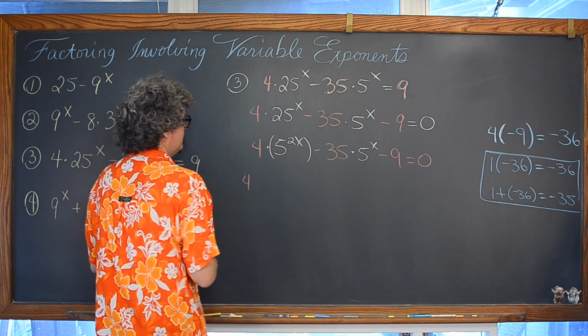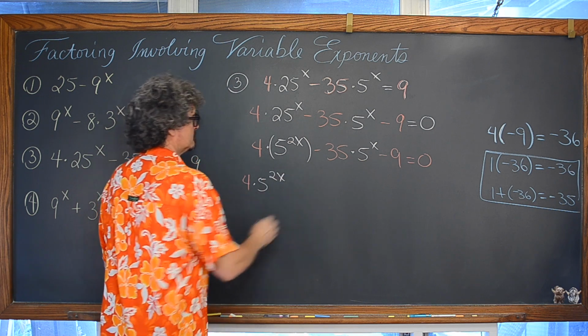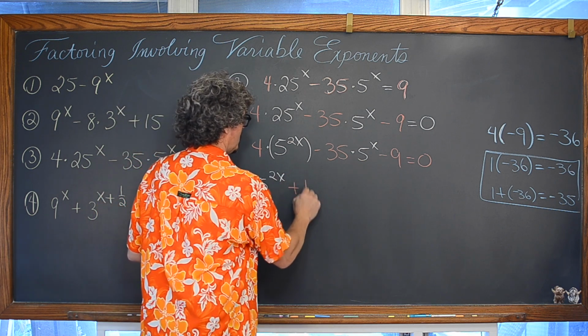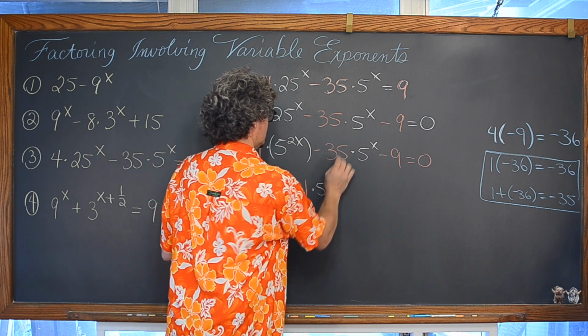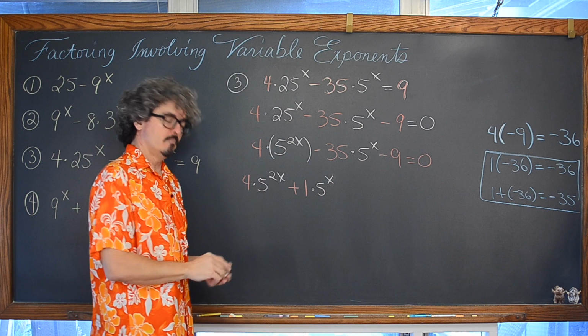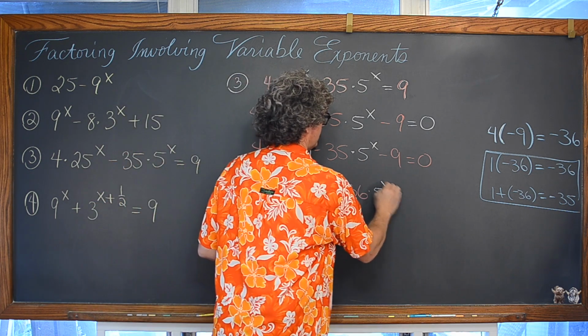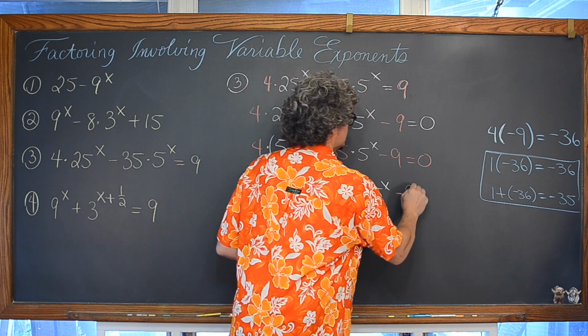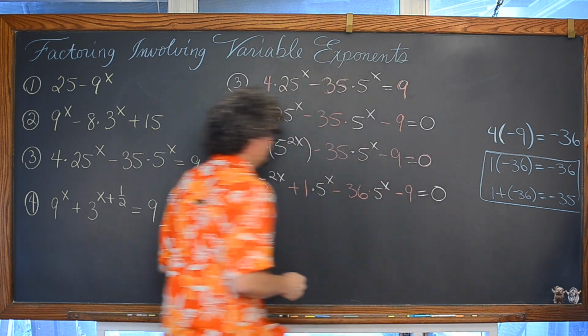So we have 4 times 5 to the 2x plus 1 times 5 to the x power minus 36 times 5 to the x minus 9 is equal to 0.